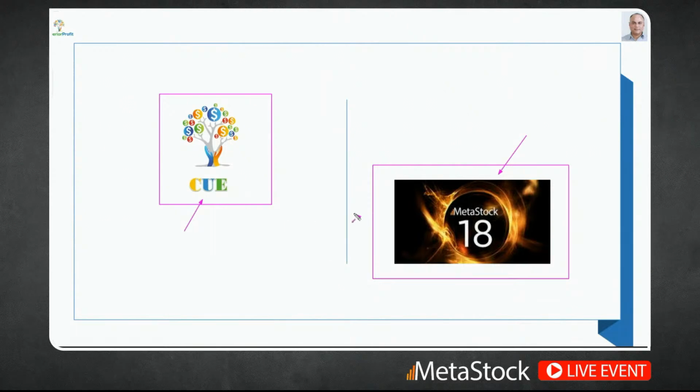Now, I could not develop Q without Metastock. Is it just a charting platform? It is a very powerful charting platform, but much more than that. Is it just a platform that can find or explore for stocks? If you like Metastock Explorer, you will see how Q has supercharged Metastock Explorer.